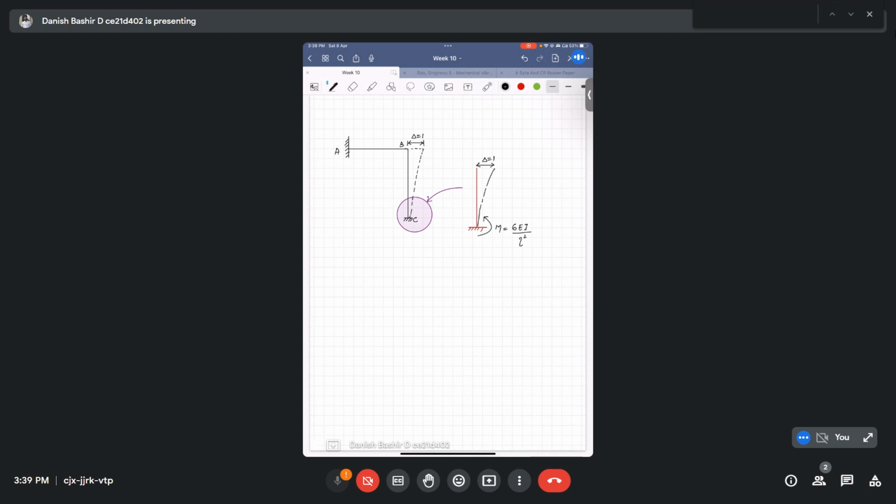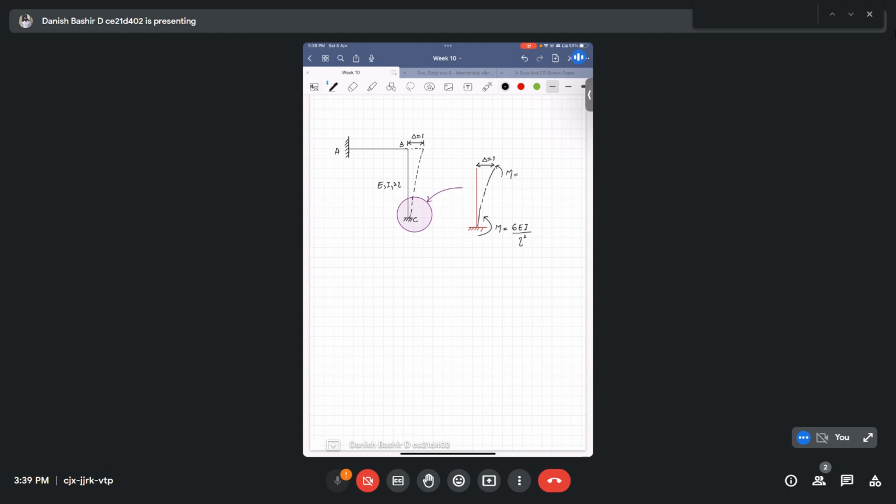Okay, you have to keep that in mind: E, I, 2L. So it will be like this, and one more moment will be like this here. Okay, sorry, this is not like this, it will be again here.